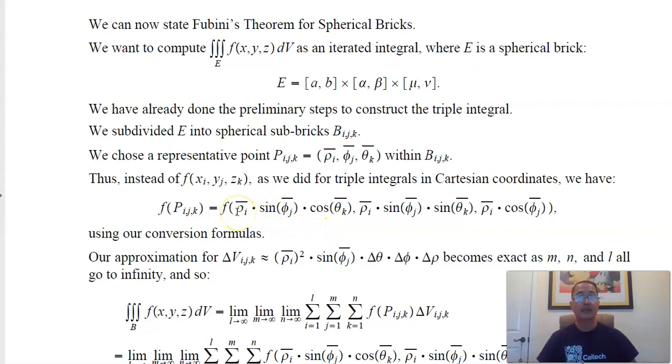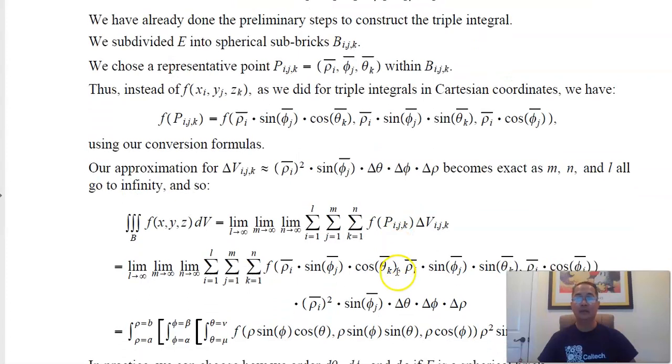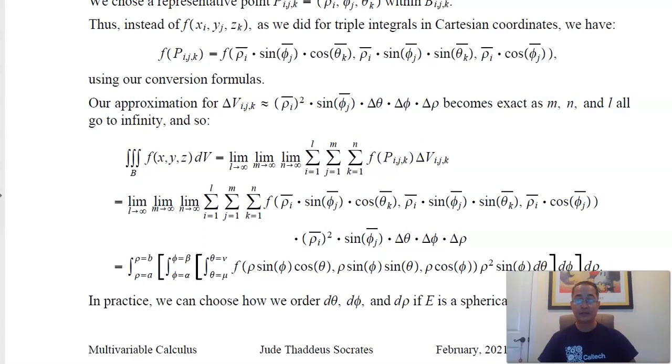So our x is rho sine phi cosine theta, y is rho sine phi sine theta, and z is rho cosine phi. So we use our representative point that we plug into our function in three variables. And then we have our delta V ijk. Plug it all into a horrific looking triple sum.